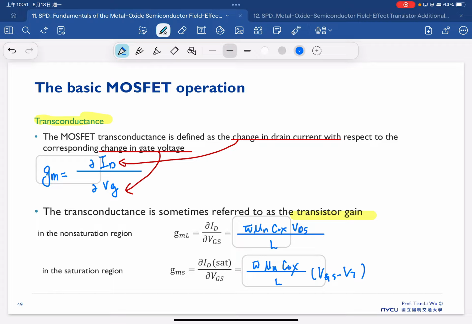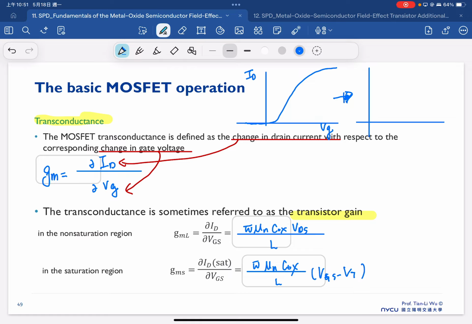It's the derivative of ID over the derivative of VG, which means if you think about the ID-VG characteristic, we have the ID-VG curve like this. But now if you plot the transconductance versus VG, what would the curve look like?